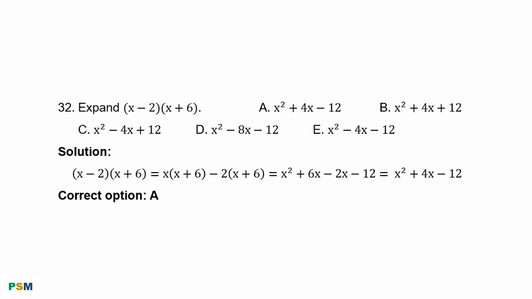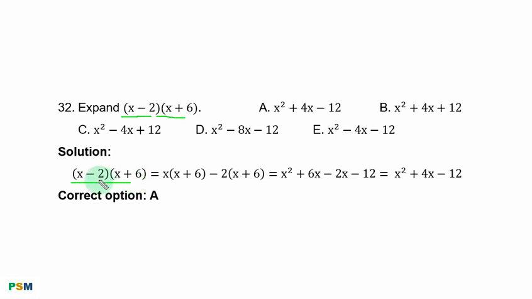Question 32. Expand bracket open s minus 2 bracket close, bracket open s plus 6 bracket close. Solution: you have the given expression. To expand, you use all the terms in one of the brackets to multiply the other bracket.